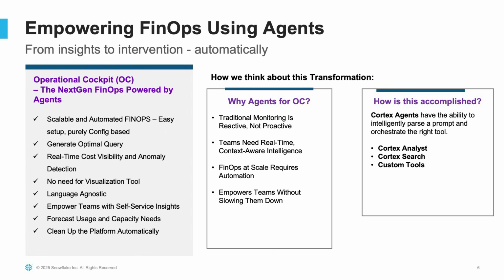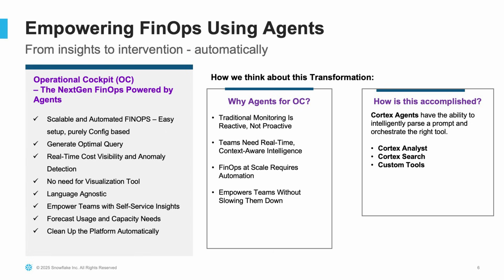Some key benefits include scalable and automated FinOps, generating query optimizations, real-time cost visibility, and anomaly detection. No need for a visualization tool, language agnostic, empowering teams with self-service insights, and many others. Cortex agents will be integrated into OC with tools like Cortex Analyst, Cortex Search, and custom tools.